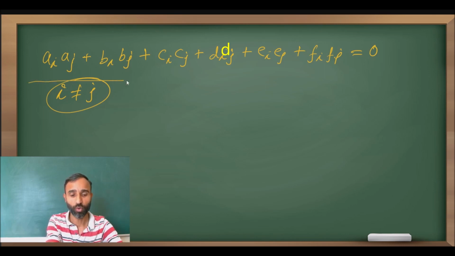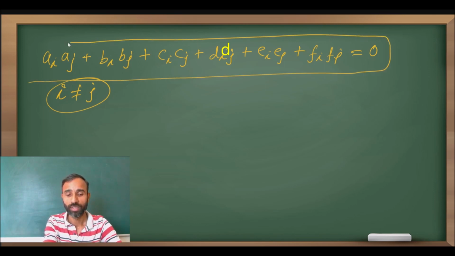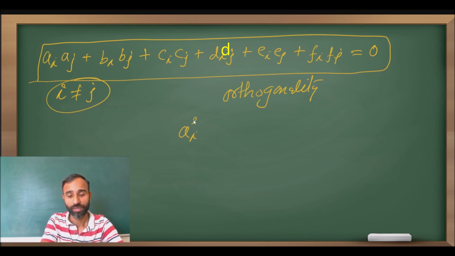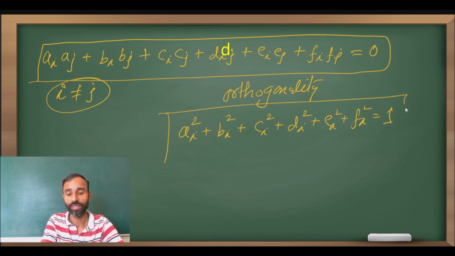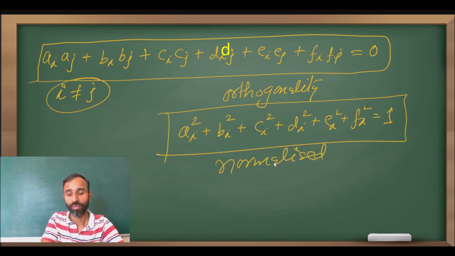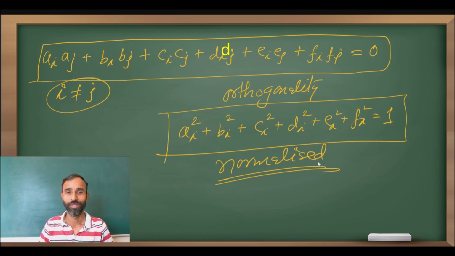If we prove this, it is the condition of orthogonality, and if we have ai square, bi square, ci square, di square, ei square, fi square equal to 1, that proves they are normalized. That's all. So this is the hybridization scheme for SF6.